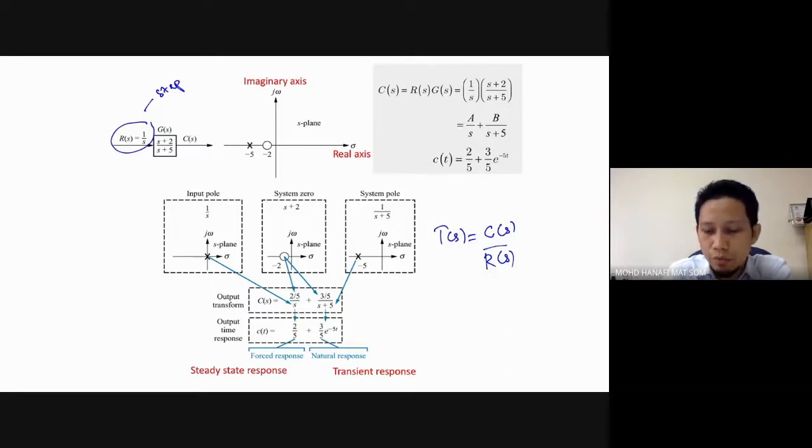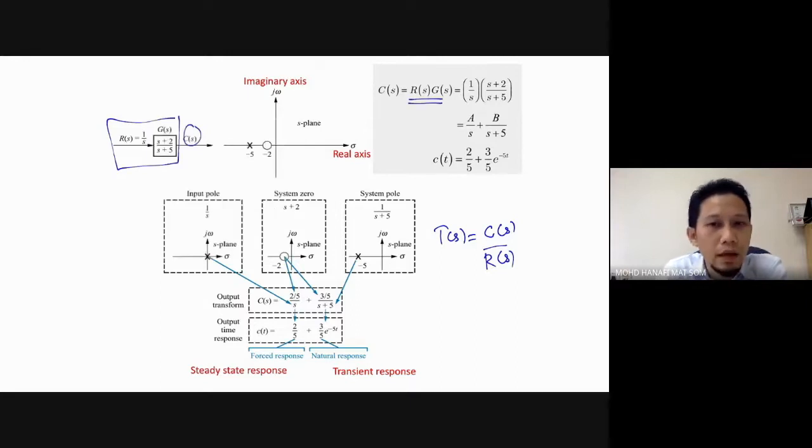So to find the output C(s), it is basically the multiplication of R(s) and the system G(s). Okay, so C(s) equals R(s) G(s).